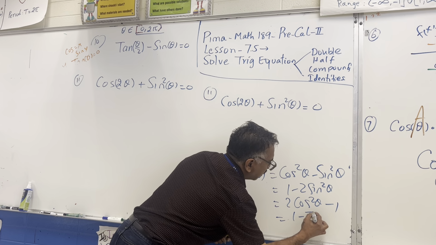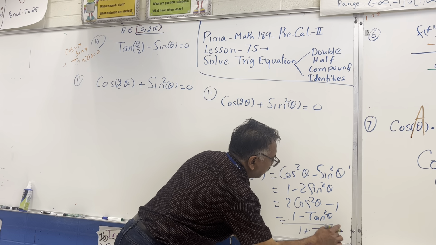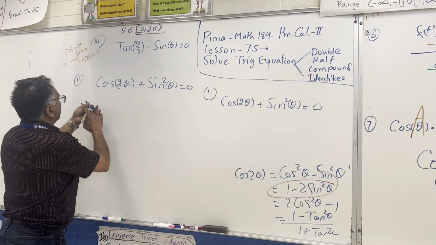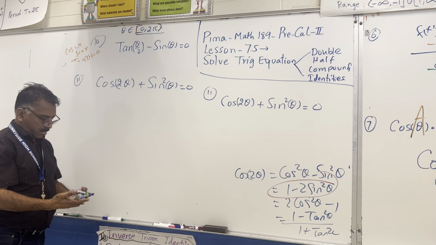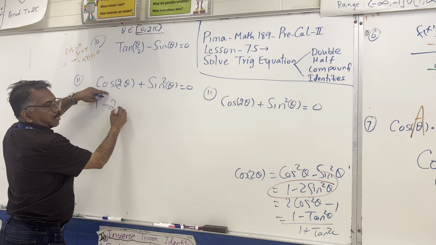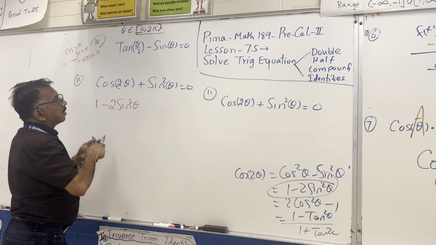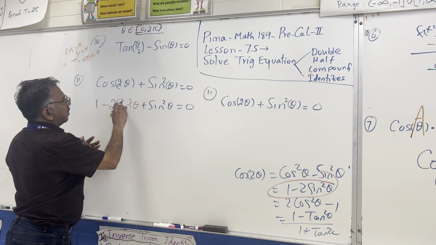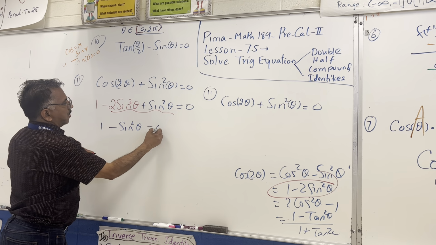We will use the one with 1 minus 2 sine square theta because of the sine square. So this I'm going to replace by 1 minus 2 sine square theta, and this is already sine square theta. And this together will be 1 minus sine square theta equals 0.